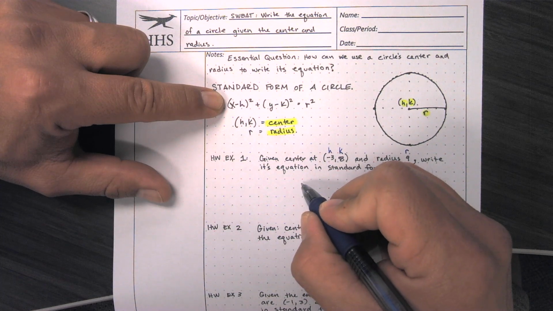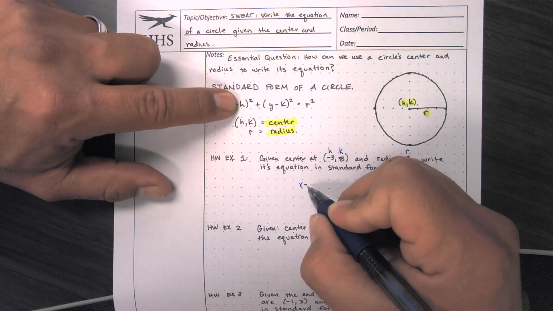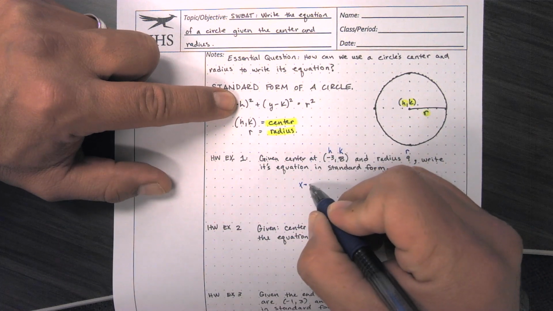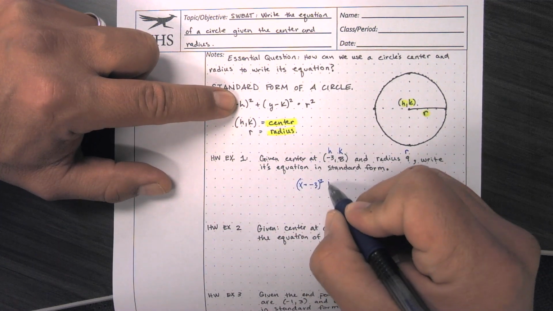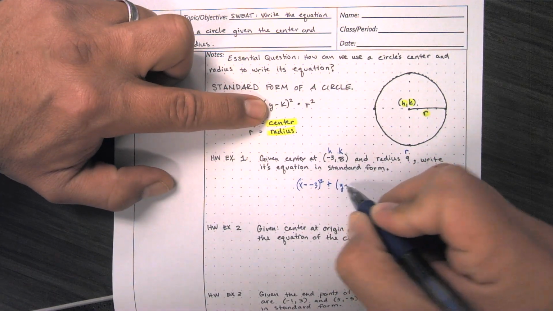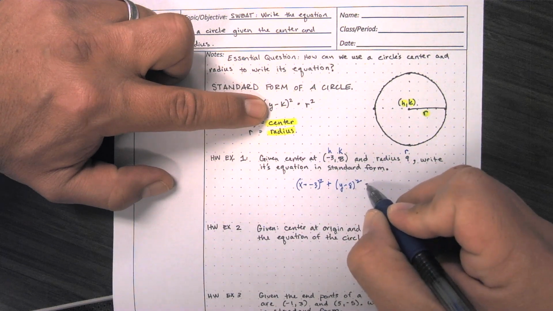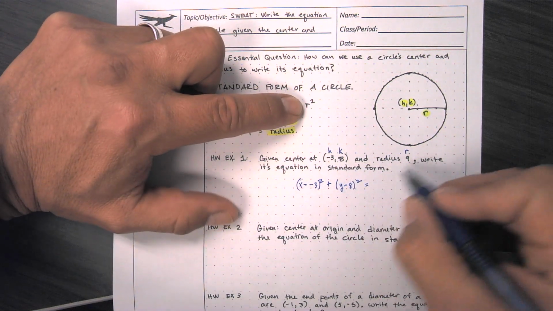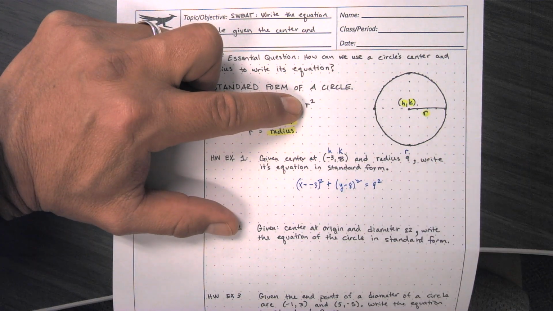So in this case, the equation would say (x minus h, which is -3) squared, plus (y minus k, which in this case is 8) squared, is equal to r squared, which is 9 squared.